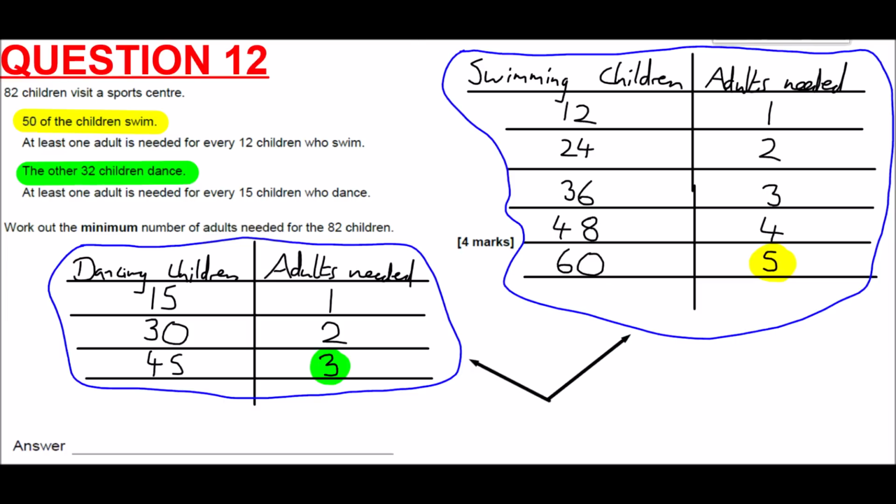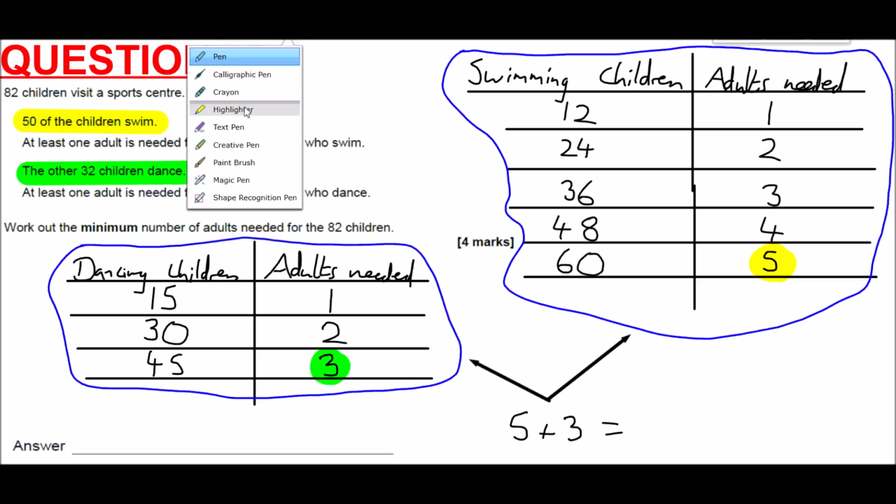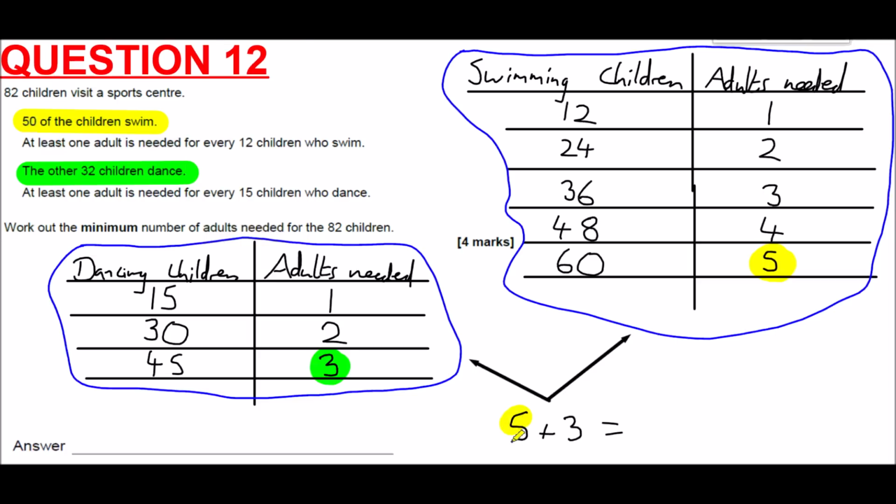So we need 5 adults for the children that are swimming, and we need an extra 3 adults for the children that are dancing. And 5 plus 3 would give us a total of 8 adults altogether. So 8 adults in total are needed. So that's our final answer for question 12, 8 adults.